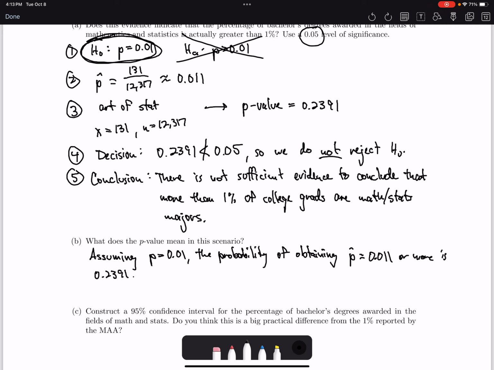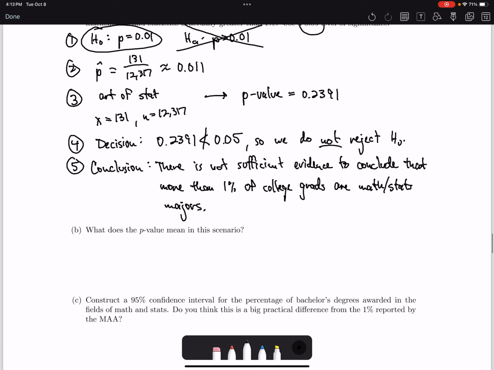In math symbols, you could say the probability that p hat is greater than or equal to 0.011, given that p equals 0.01, is approximately 0.2391.